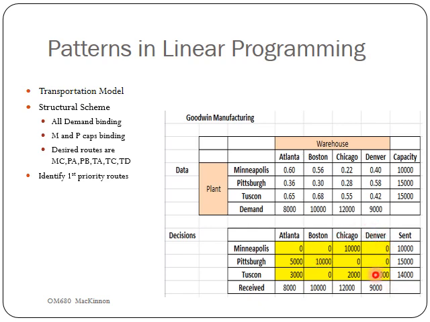Everything that Denver gets is sent from Tucson. So those are first priority routes. Also, if you look horizontally, Minneapolis to Chicago is a first priority route because Minneapolis sends everything it's got to Chicago. So those are our first priority routes. Once we've identified them, it sometimes helps to block them out so they're no longer in your field of vision, because really what you're looking for are values that are alone in either the column or the row.